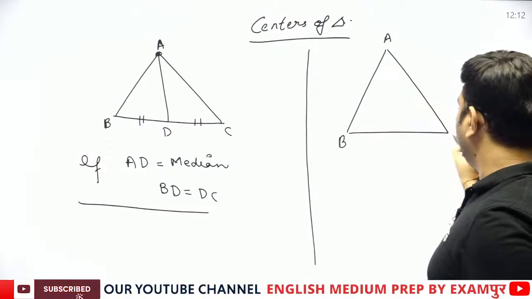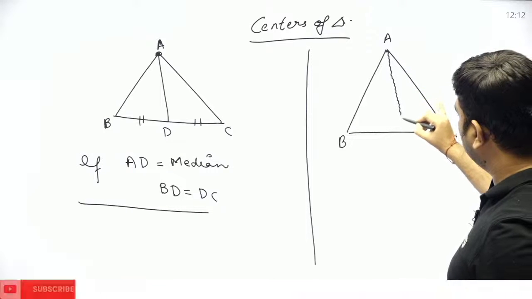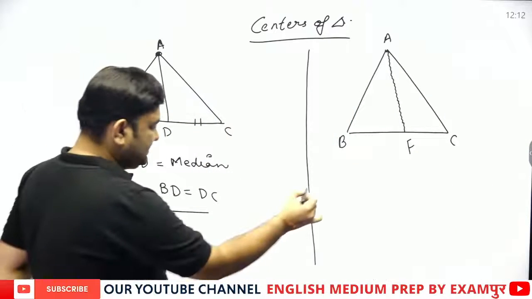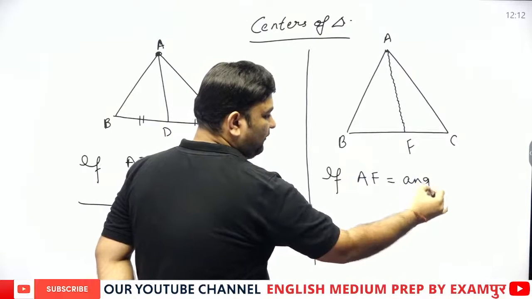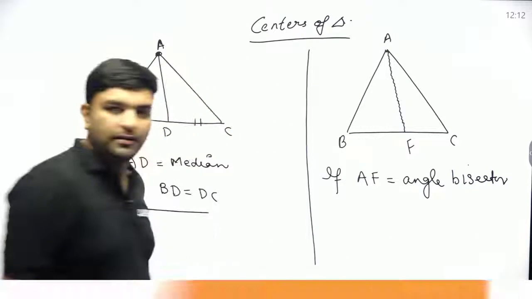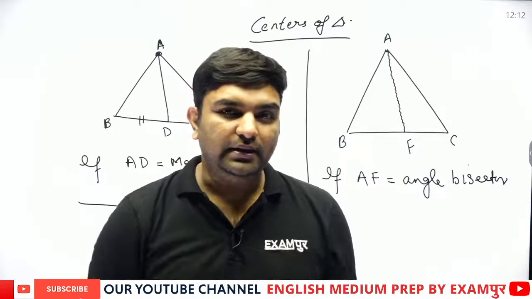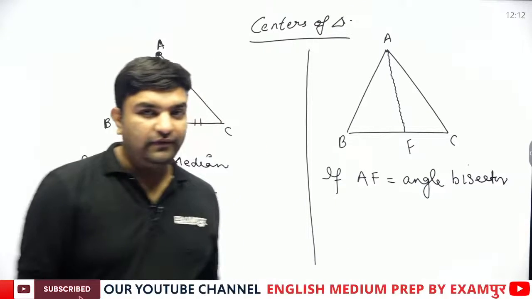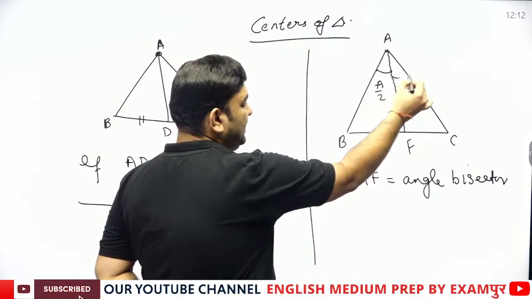Then what is angle bisector, guys? If AF is the angle bisector, what is the job of an angle bisector? The job of an angle bisector is it divides the vertex angle into two equal parts, A by 2, A by 2.